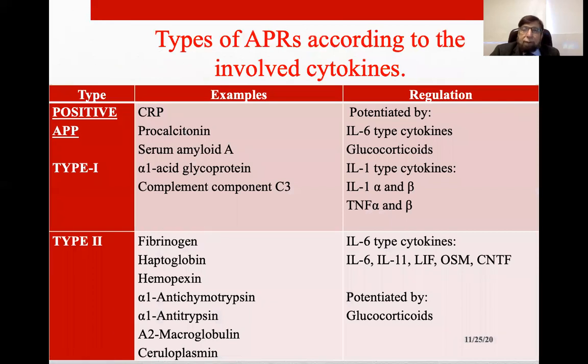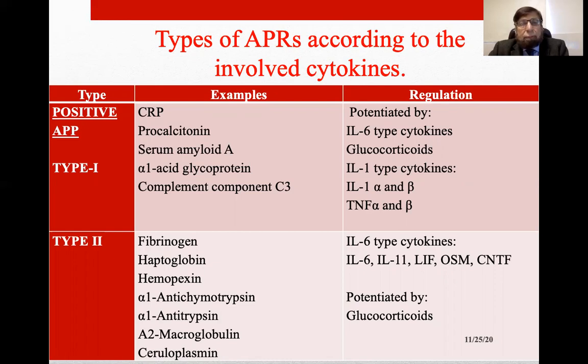The third type of classification is according to the cytokines involved. But first, let me tell you what a cytokine is. Cytokines are also proteins or substances which are secreted from the inflamed cells or immune cells, and they in turn act on the liver to secrete the acute phase proteins.